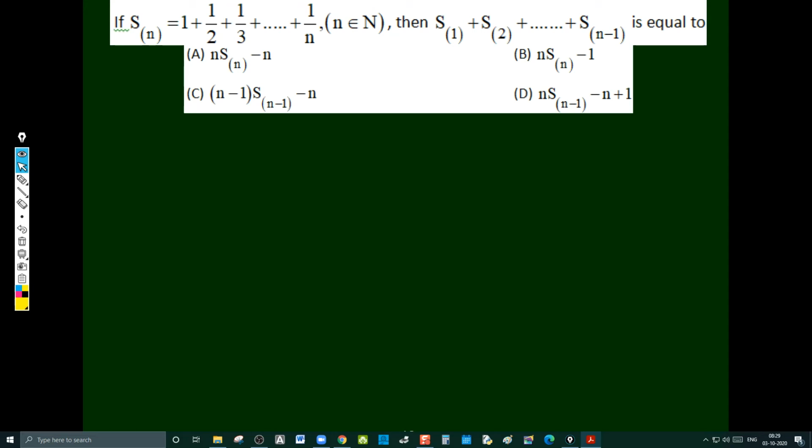Sir, it will be n plus n minus 1 upon 2 plus n minus 2 upon 3, like that it will come in the second series. Of course, if you want to verify it, you can do that by substituting 2 or 3.